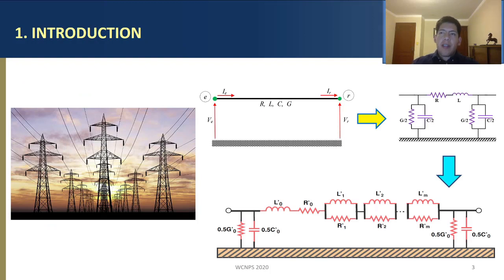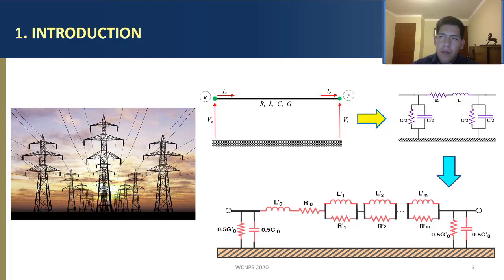The transmission line can be described by longitudinal parameters, which are the resistance and the inductance, and transversal parameters, the capacitance and the conductance. One approach to represent the distributed nature of the transmission line is by lumping the distributed line parameters into line sections. The classic lumped parameter model represents each section by a pi circuit.